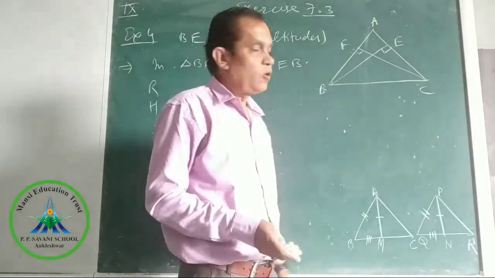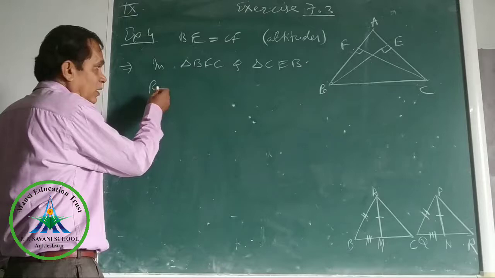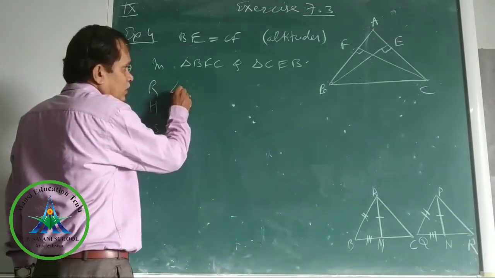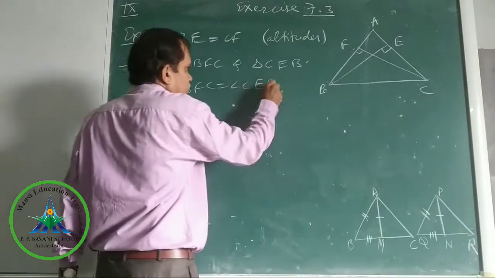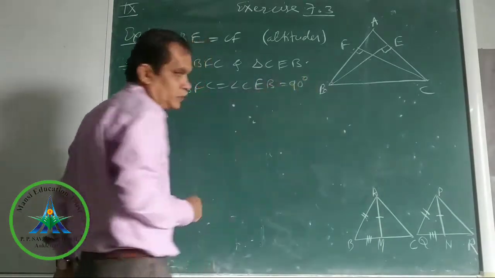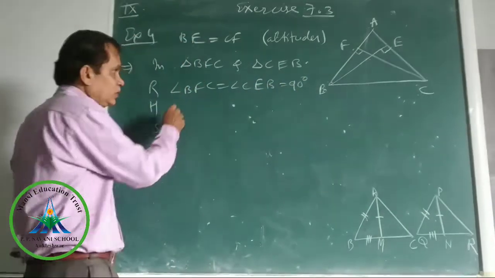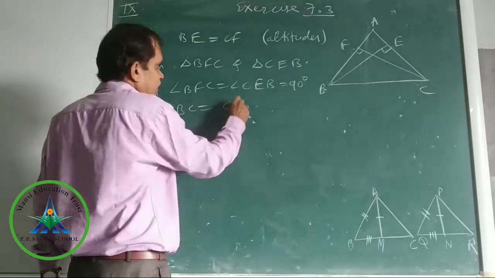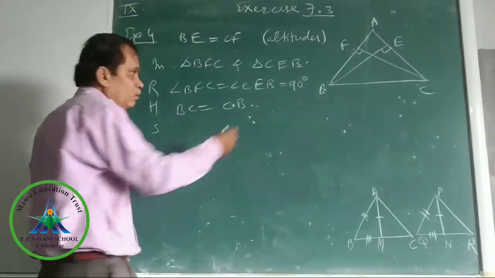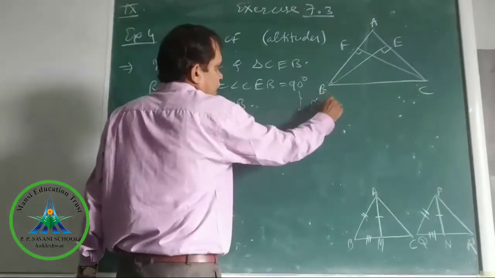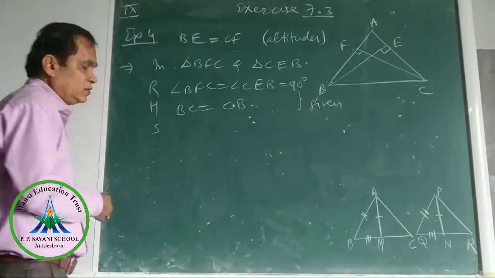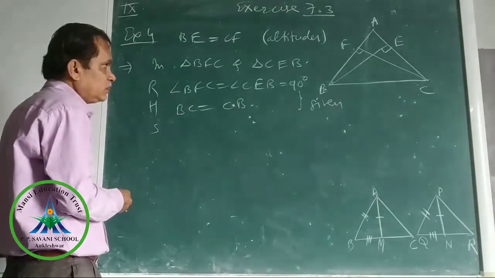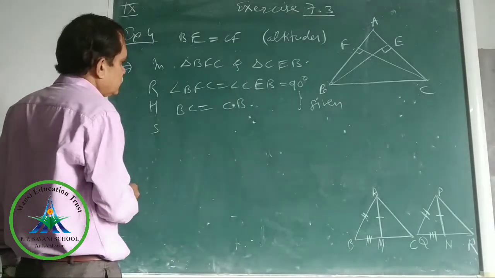Proved? See, we will write RHS. Angle BFC equal to angle CEB equal to 90 degree. Hypotenuse BC equal to CB. Given both. If you have to give support, what is the support? From where you brought it? Side? Yes. Student?